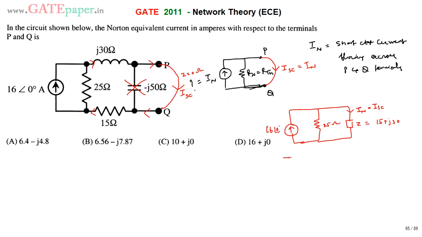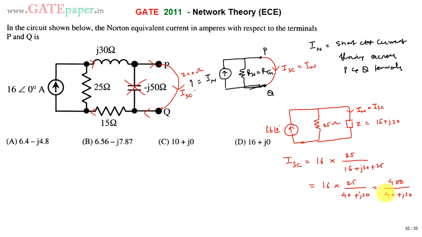So ISC can be written, using the current division rule, as 16 times 25 divided by 15 plus J30 plus 25. So that means it is 16 into 25 divided by 40 plus J30, and 16 into 25 means 400 divided by 40 plus J30.